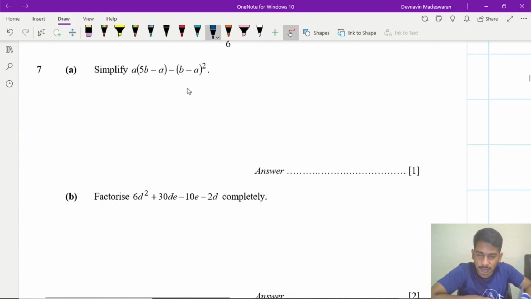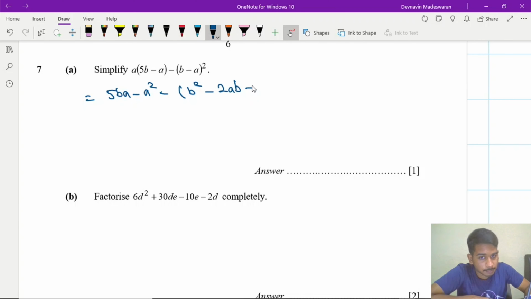Simplify A. Okay, I just need to expand it out. 5ba minus a square minus b square minus 2ab plus a square, and then we can open up 5ba minus a square minus b square plus 2ab minus a square, and then we move all the things that have common terms together.